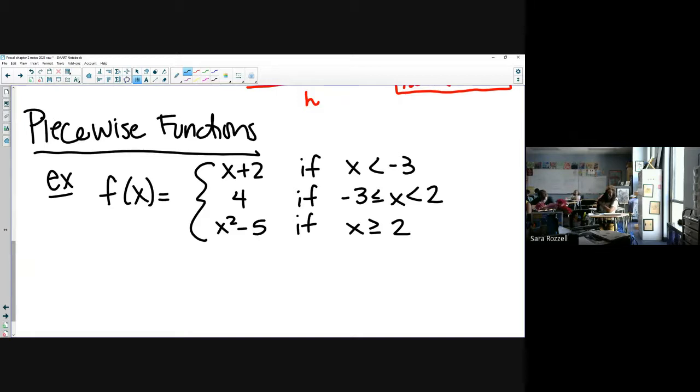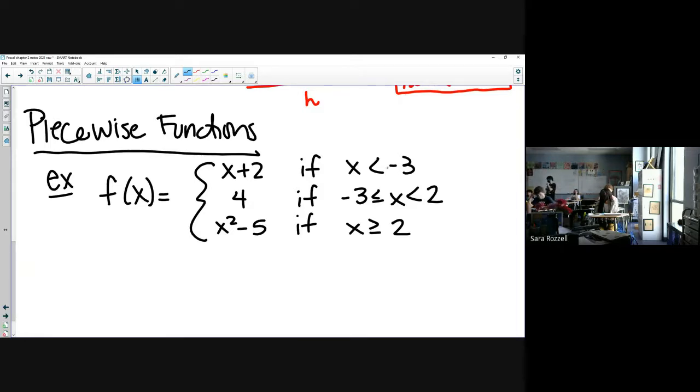What are the switching numbers where it switches from one to another? There's 2 numbers where you know that it'll switch from one equation to the next. -3 and 2. That's our numbers where it's going to switch.